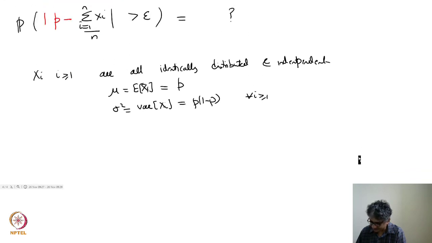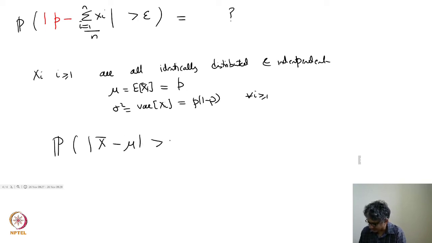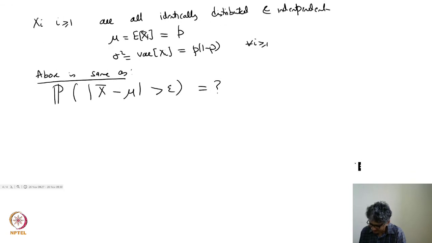Now, look at this expression right here. The above is the same as the chance that x bar minus P, which is just mu, is bigger than epsilon. But now I'll do a little trick.